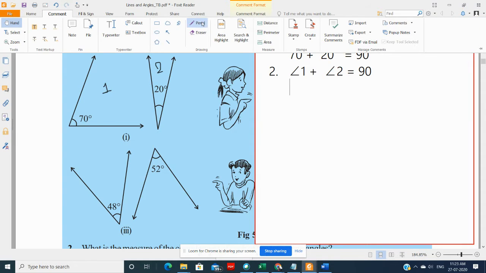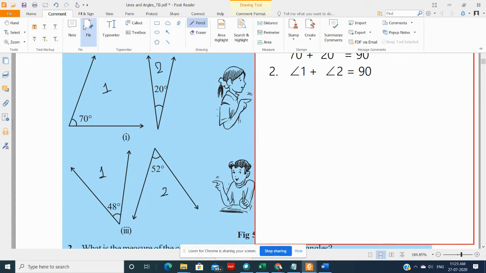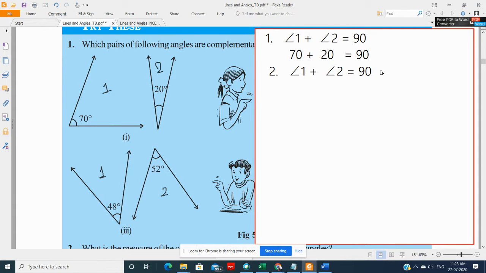Why are we writing angle 1, angle 2? So that we can make the calculation presentable. Angle 1 and angle 2 make 90, we know, because we are talking about complementary angles. In this third sum, angle 1 is 48 and angle 2 is 52.